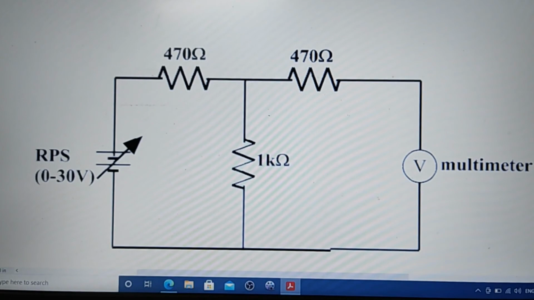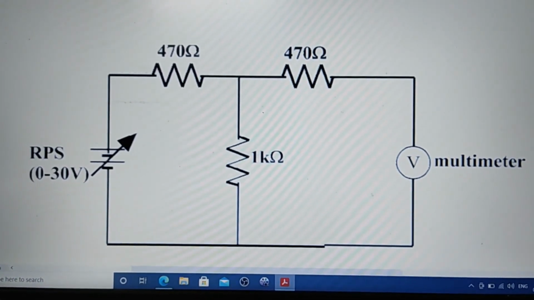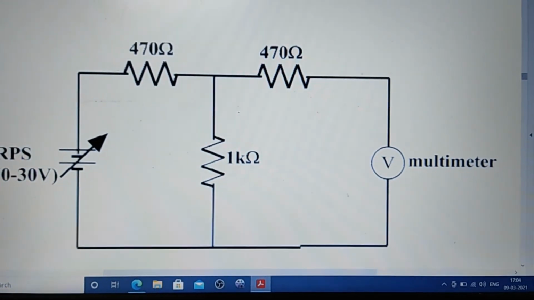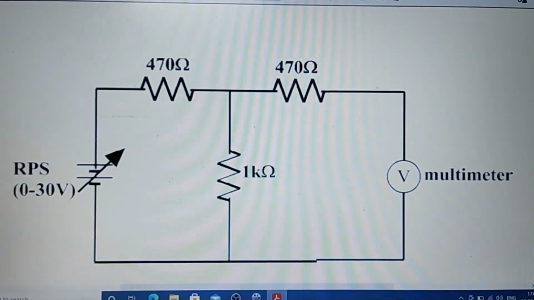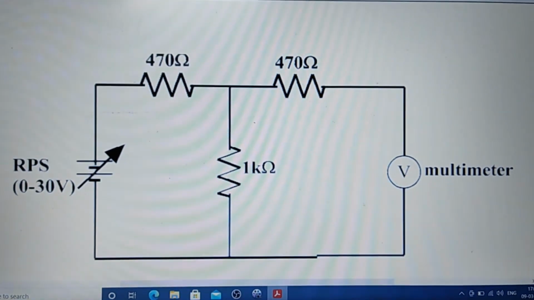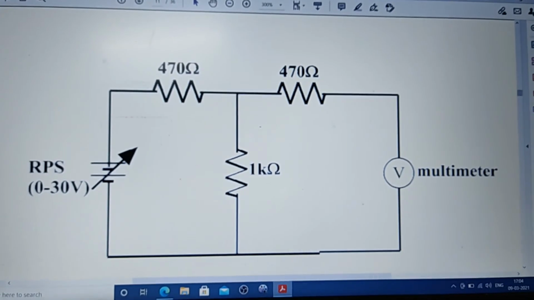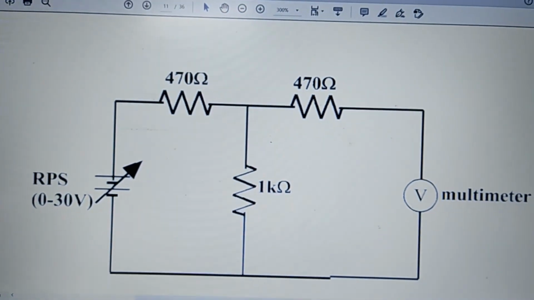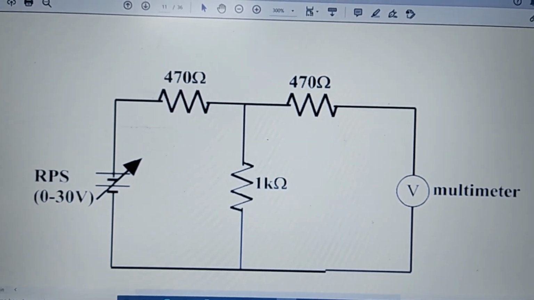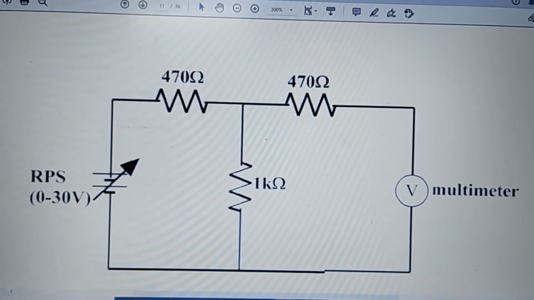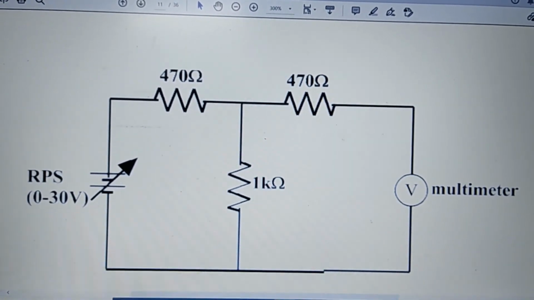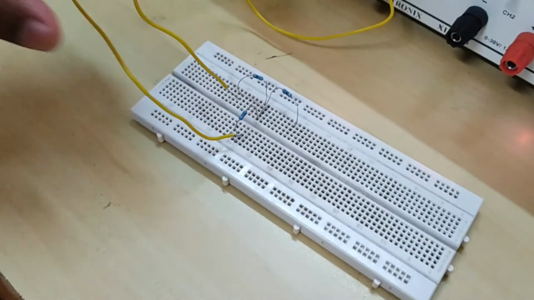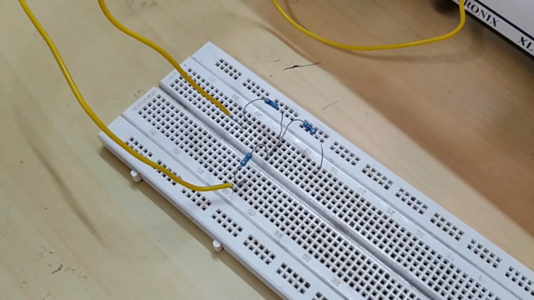So this is the circuit diagram to measure the open circuit voltage across the load. In order to measure the open circuit voltage, we are removing the load resistance and connecting a voltmeter across the load terminal, as arranged on the breadboard.